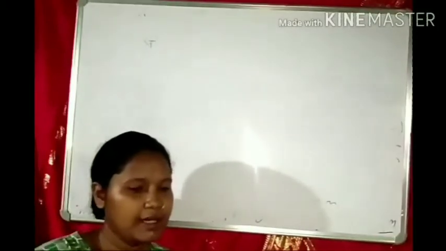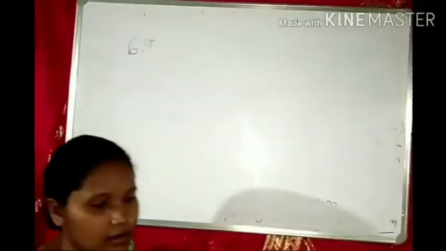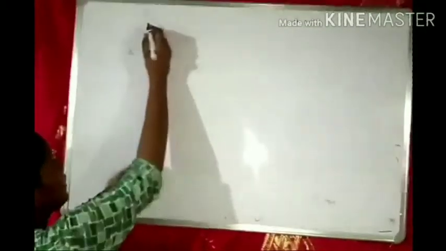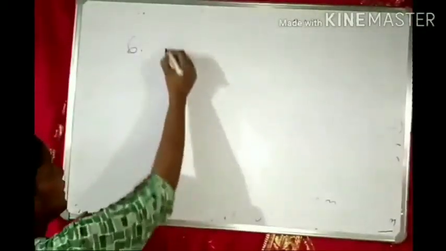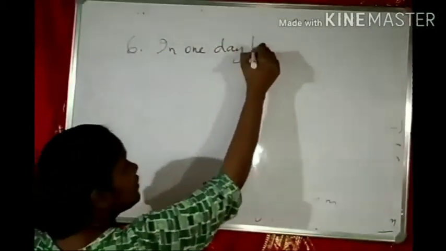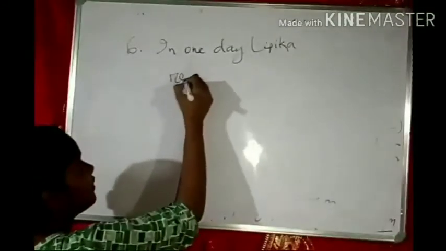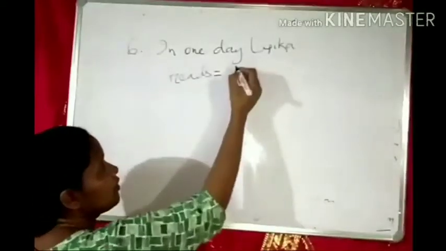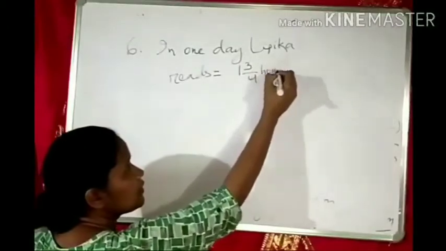So you can write it as number 6. In one day, Lipika reads how many hours? 1 and 3 by 4 hours.